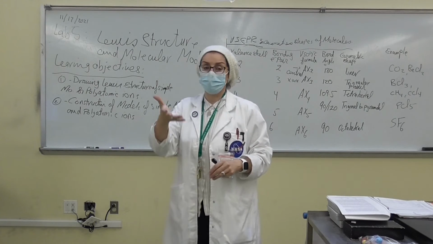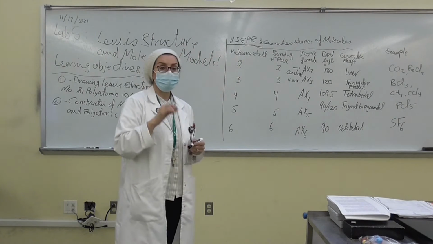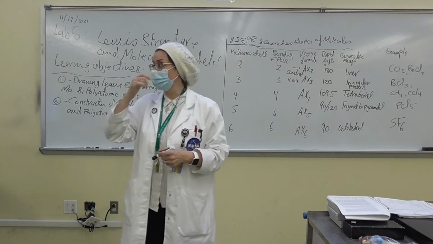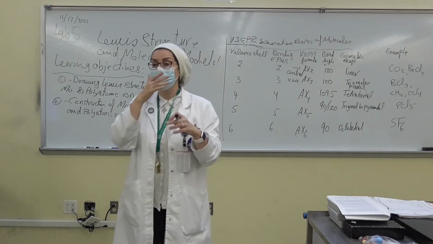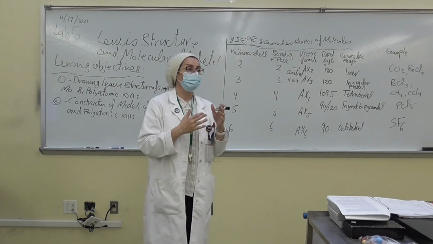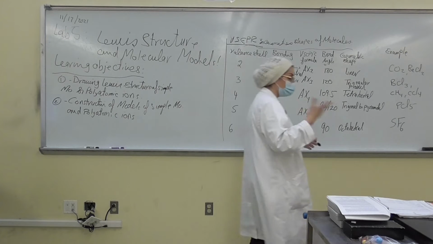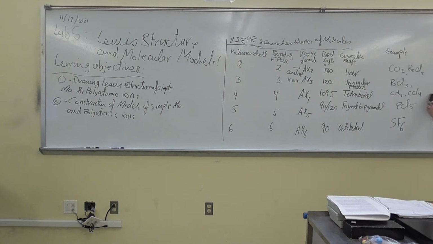In the formal charge, we try to make sure that every single atom in the whole molecule will have the least formal charge, in other words, 0, plus or minus 1. We try to make it this way. Now, what is the formula of the formal charge? You have to memorize it.